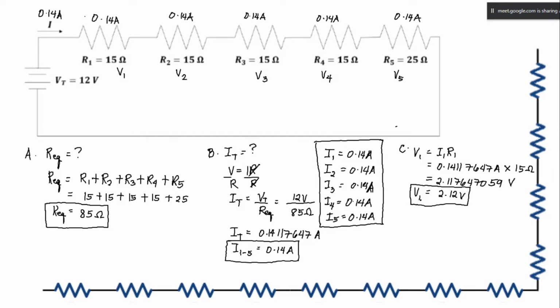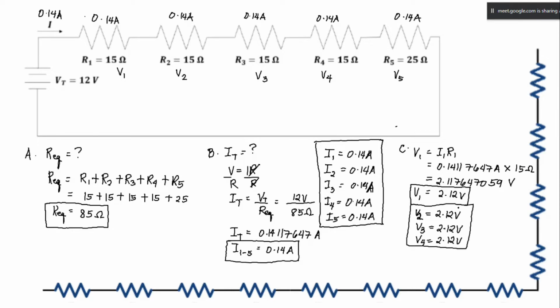So since for V sub 2, V sub 3, and V sub 4, they have the same value for the resistance, so most probably ang V sub 2 is also equal to 2.12 volts. Ang V sub 3 is also equal to 2.12 volts. Ang V sub 4 is still 2.12 volts. So, yan po.